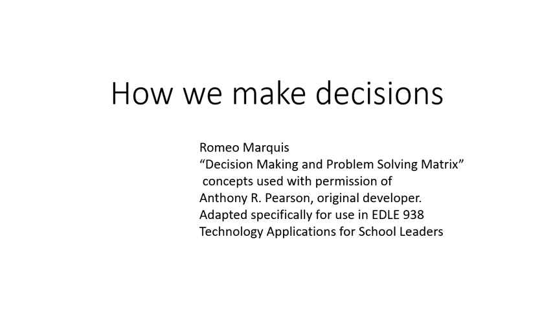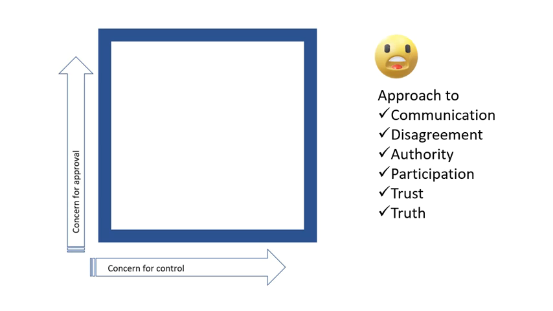So let's begin. How we make decisions. Decisions are usually made, again, in a school setting, on the basis of two factors. Again, I'm speaking of the principal now. So if I'm the principal, and I'll use myself as an example, instead of the cumbersome he, she designations, I use the first person pronoun.